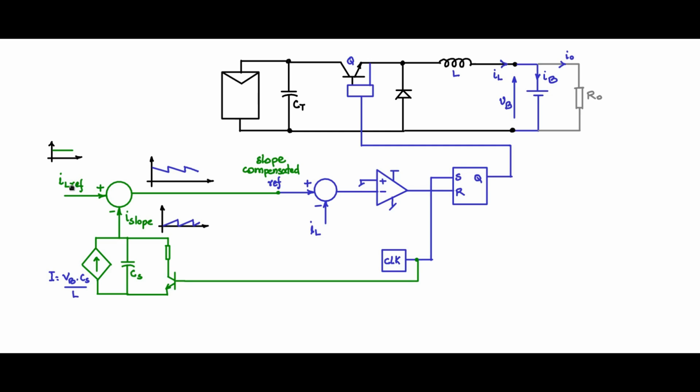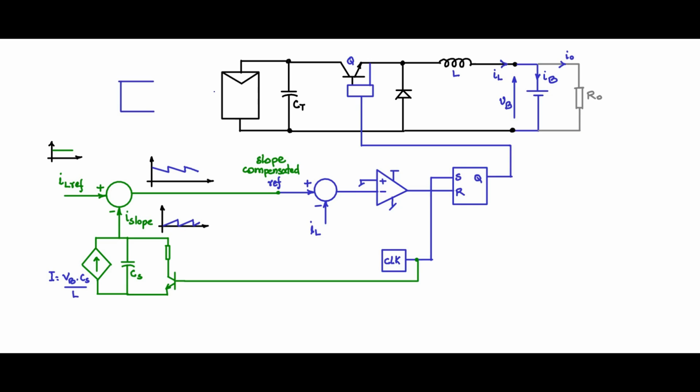And as this reference changes, you will see that the current here will increase or decrease depending upon the insolation value. So then that becomes an MPPT based slope compensated current controller battery charger for a PV source.